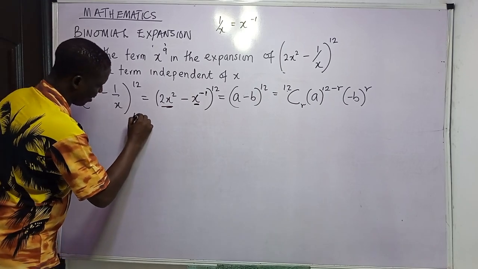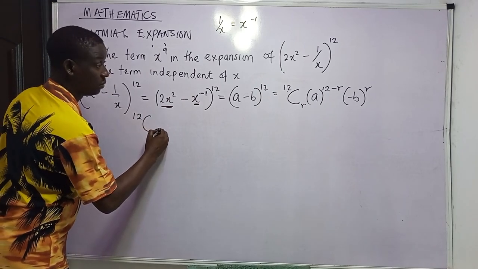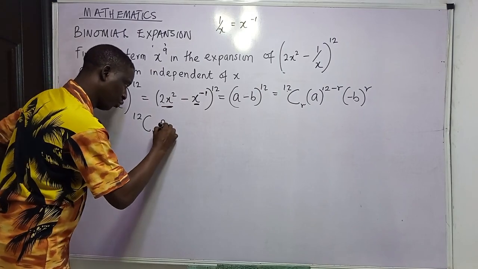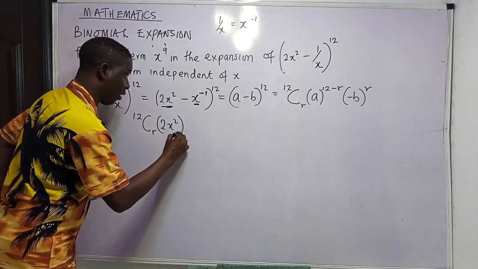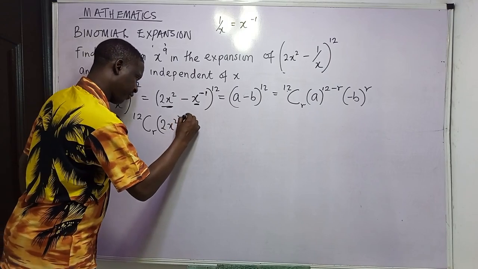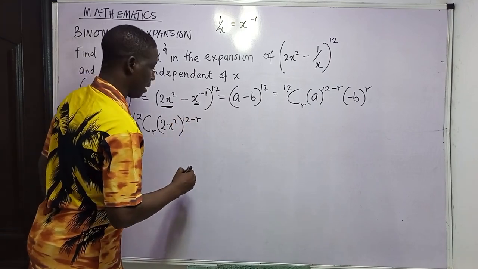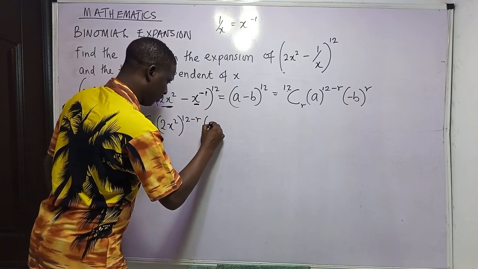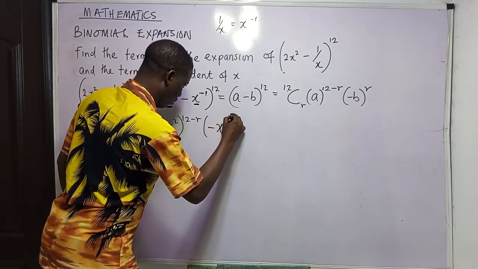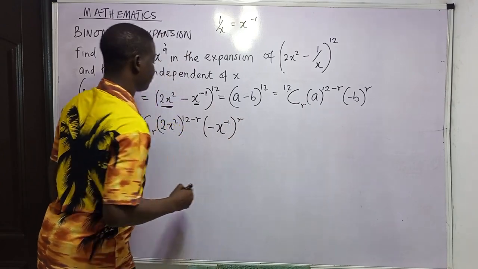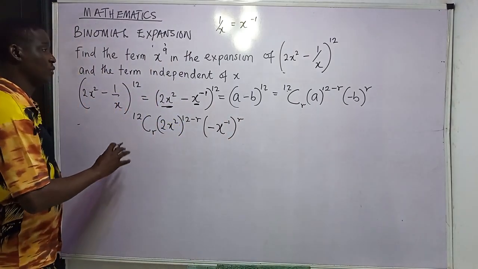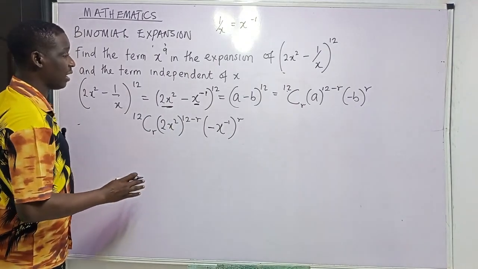Now, we are going to say 12 combination r. Our a is 2x squared all raised to power 12 minus r. Our b is minus x to the power minus 1 all raised to power r. So what we are going to do now is to break this thing down.